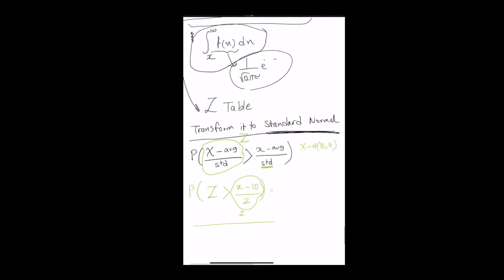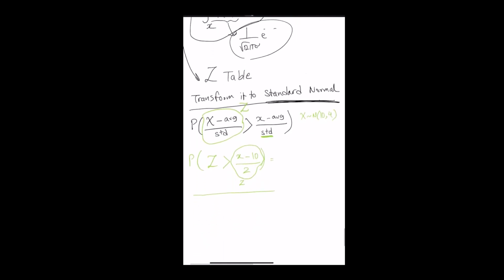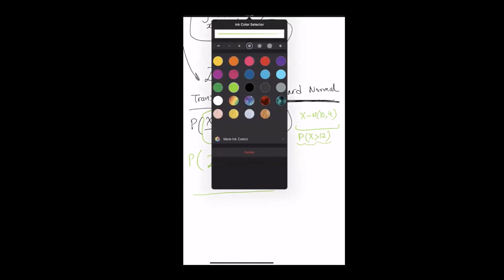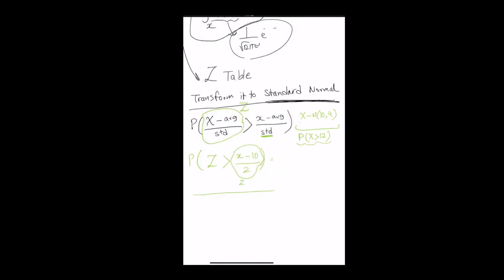Okay, so let's assume I have asked you to calculate the probability that x is greater than 12. Remember, this is what I asked you to calculate: probability of x greater than 12. So this is 12, the lowercase x is 12, right?